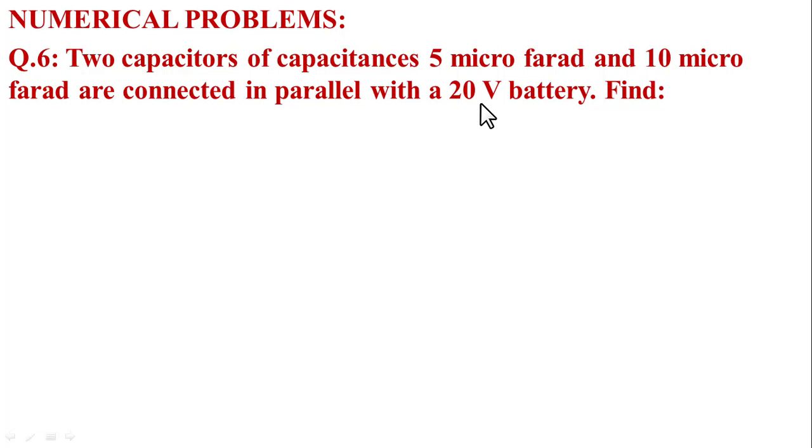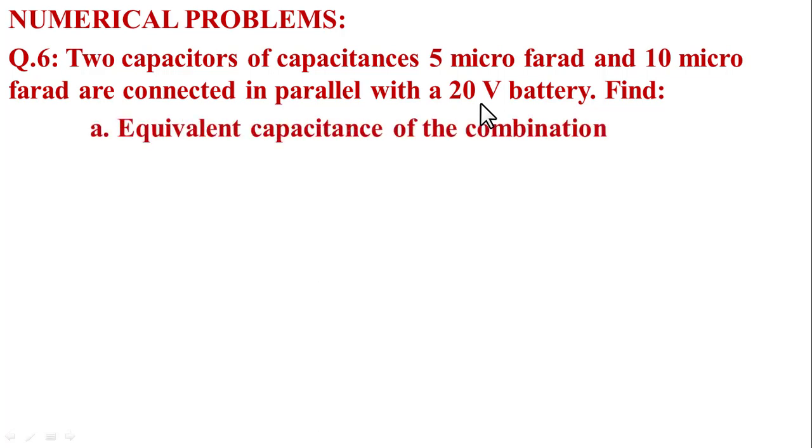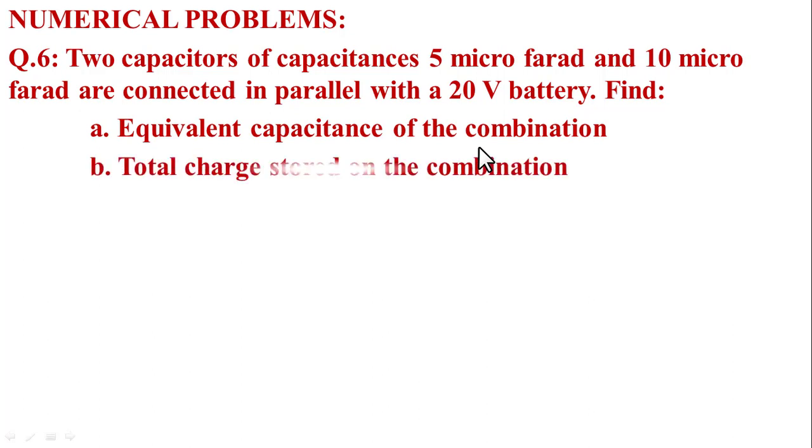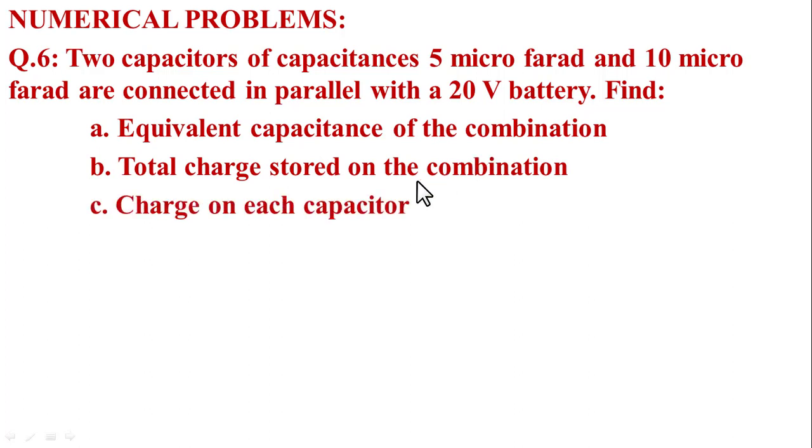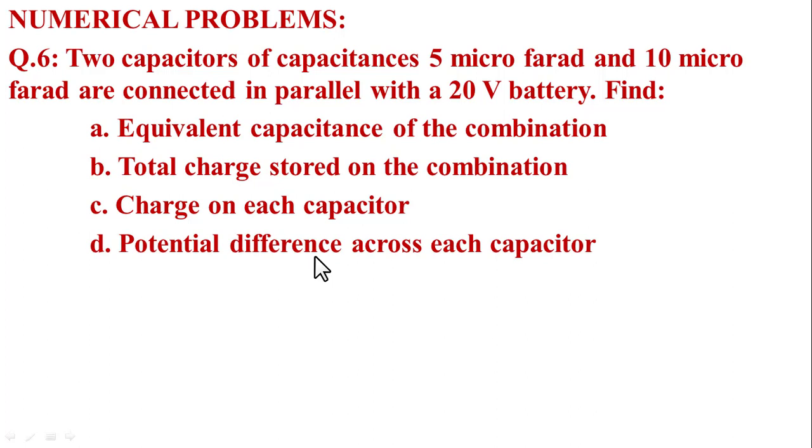We are required to find in part A the equivalent capacitance of the combination, in part B the total charge stored on the combination, in part C the charge on each capacitor, and in part D the potential difference across each capacitor.